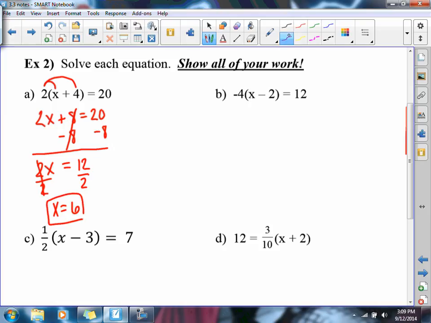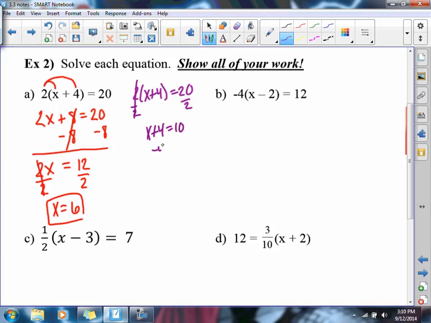Now the other way to do this problem, we had 2 times x plus 4 equals 20. The other way you could still correctly do this problem is divide by the 2 first. So those cancel, and then you have your x plus 4 equals 10.